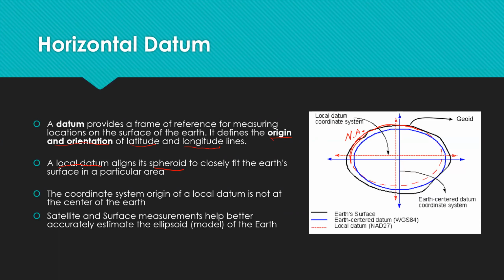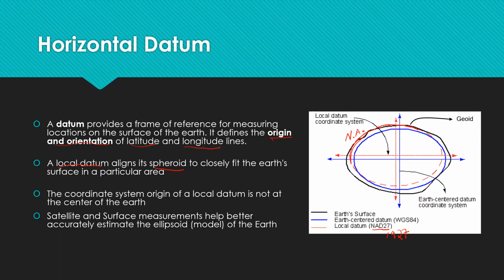We want it to fit so that it's really accurate and close to the surface of the Earth where we care about. So if we care about North America, we'll use a datum that fits North America. That one is called North American Datum, NAD 27. 27 refers to 1927 when it was first created, so it's pretty old.